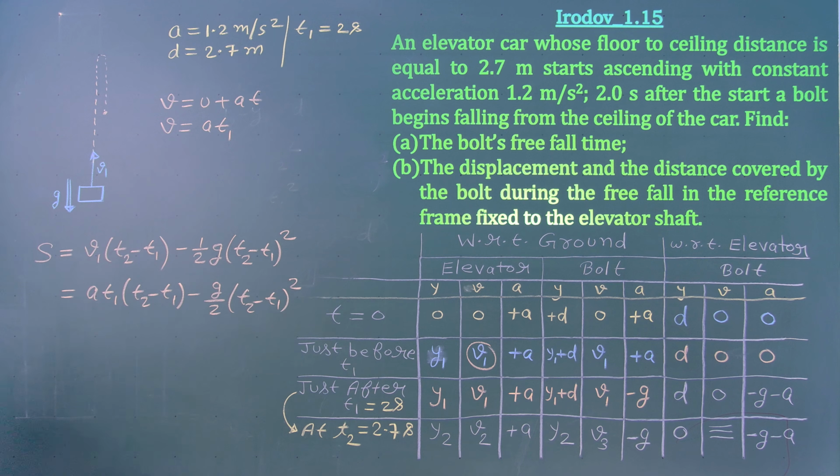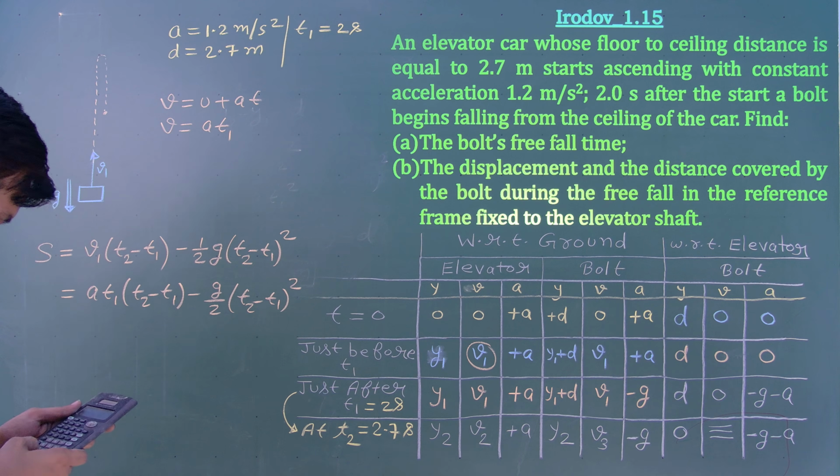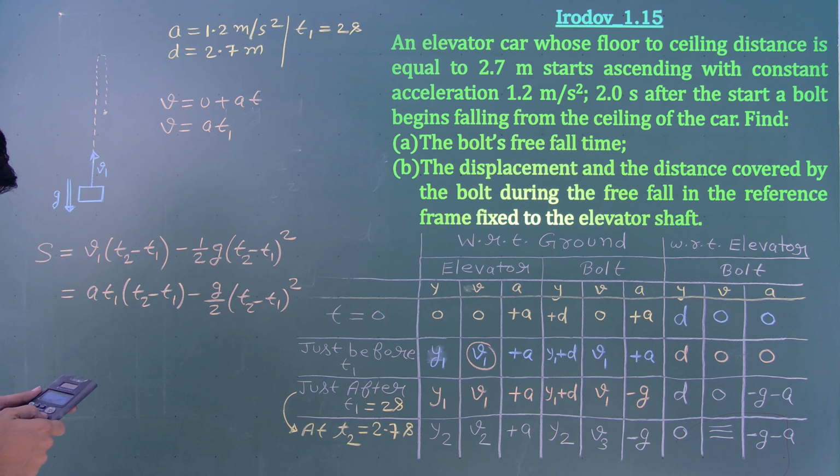Let me calculate this value: 1.2 into 2 into 0.7, minus 9.8 into 0.7 square divided by 2.